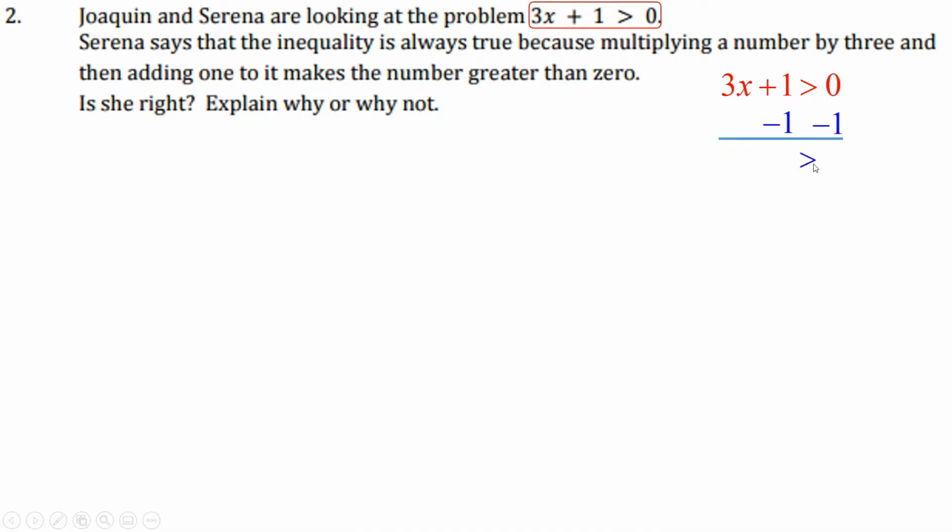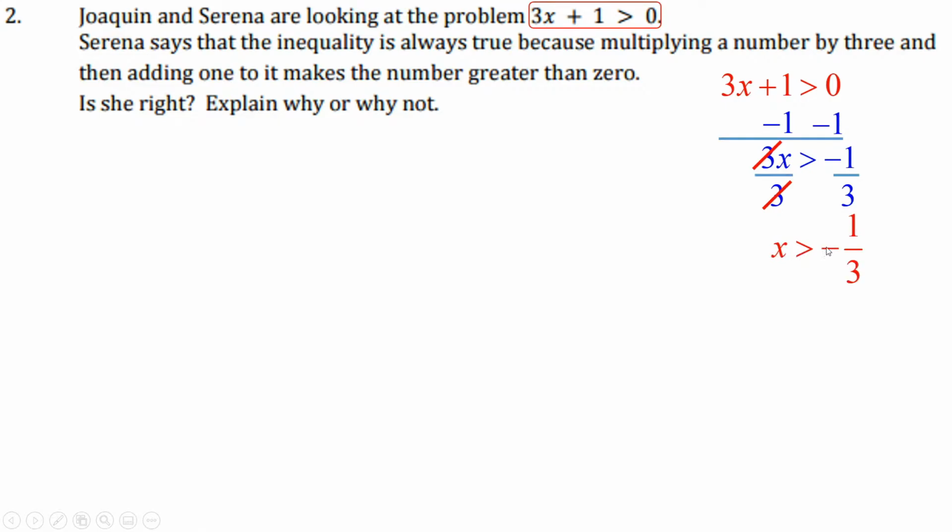Bring down your inequality. And we have 3x plus 1 minus 1 is 3x. And 0 minus 1 is -1. And now you have one more step. Let's divide both sides by 3. So the 3's cancel on the left, and we have x is greater than -1/3.